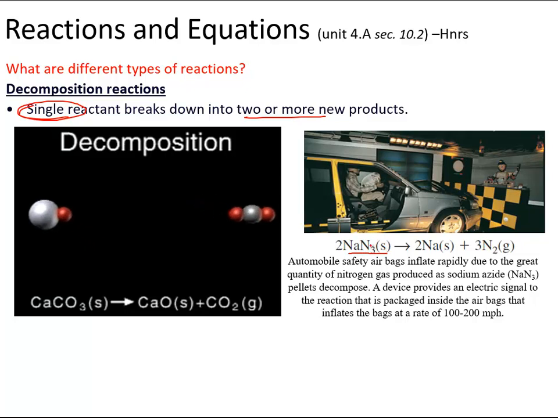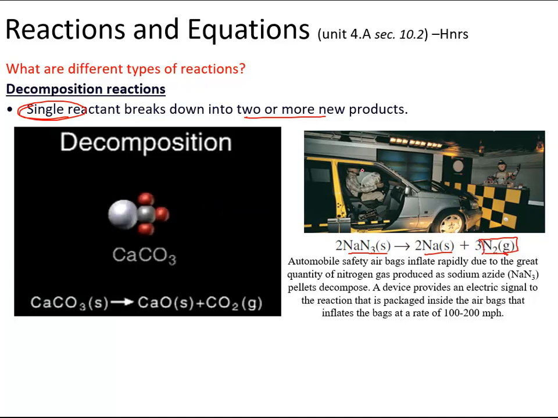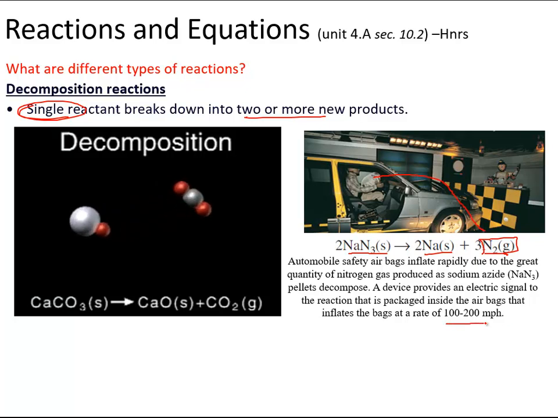When an electrical impulse reaches this canister, this solid is decomposed. The bonds between these atoms break up and rapidly form sodium solid and nitrogen gas. It's this nitrogen gas that causes the inflation of the bags. And it happens at a really quick rate, right?